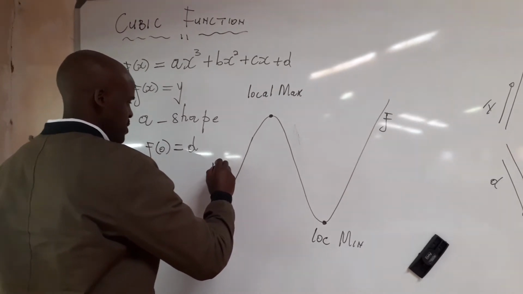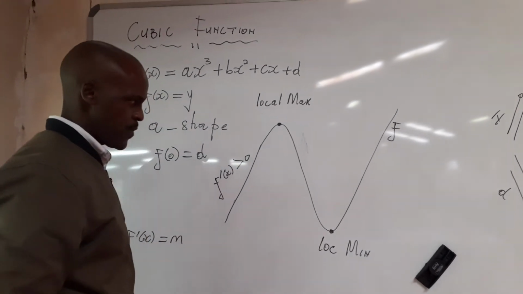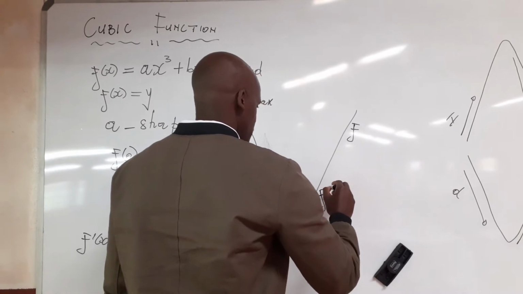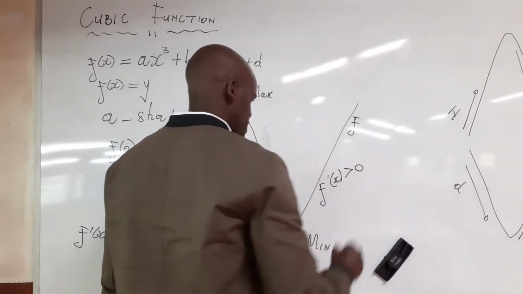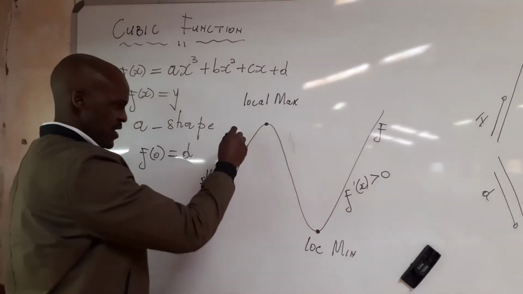If something is positive, that means it is greater than 0. Again, the graph is going up here, therefore its gradient is positive. It is greater than 0. We are talking about the gradient.